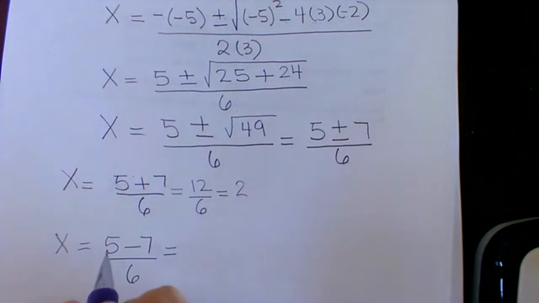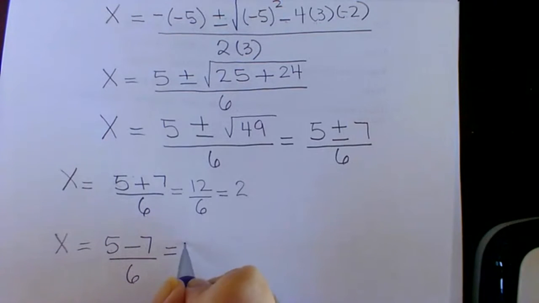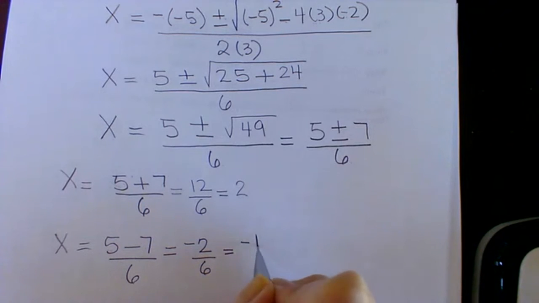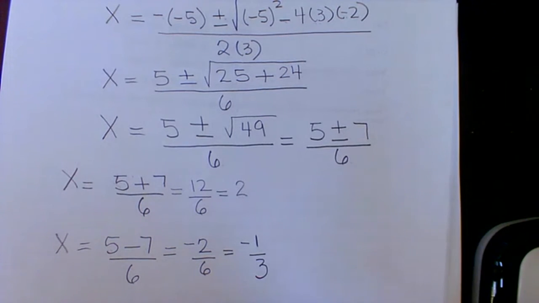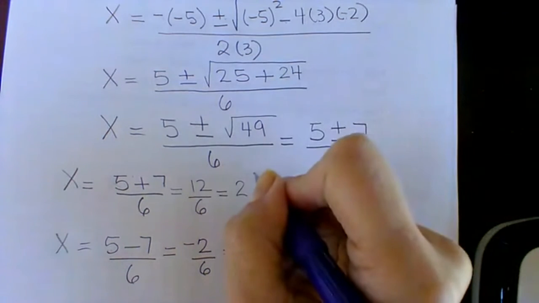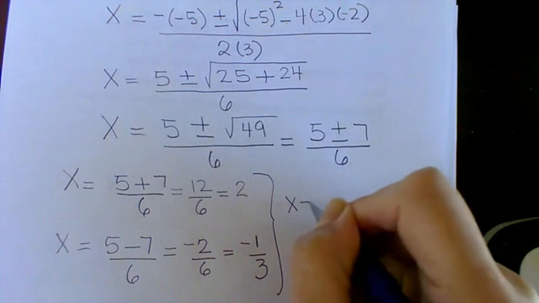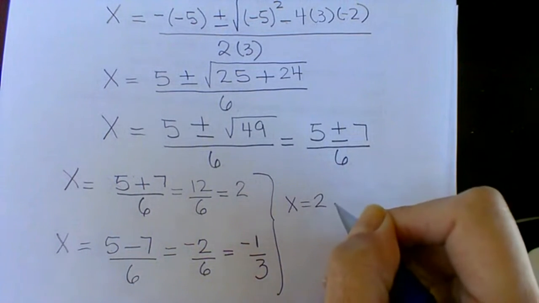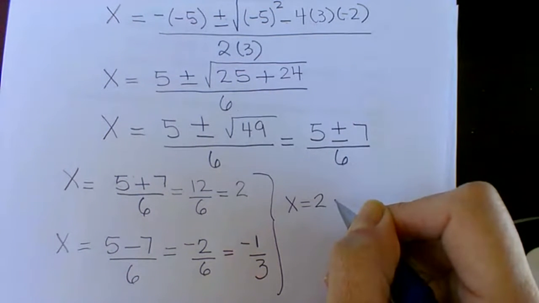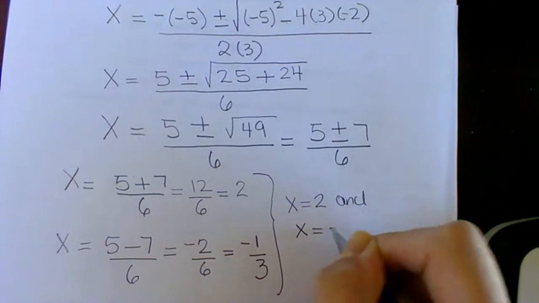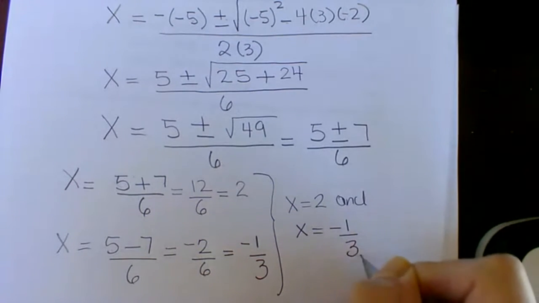And over here, 5 minus 7 is negative 2 divided by 6, which is negative 1/3. So my answers here are x equal to 2 and x equal to negative 1/3.